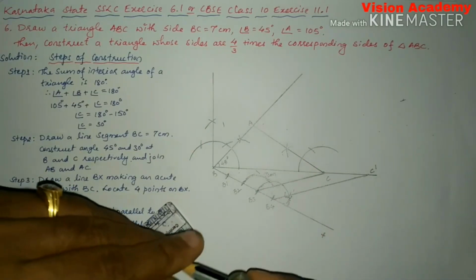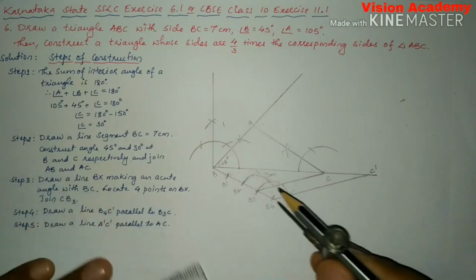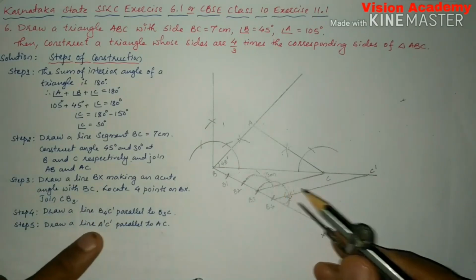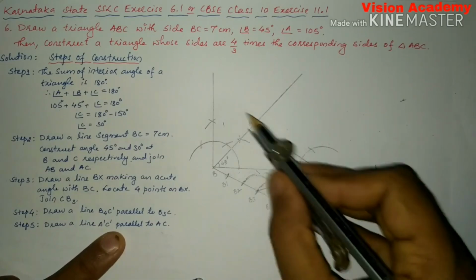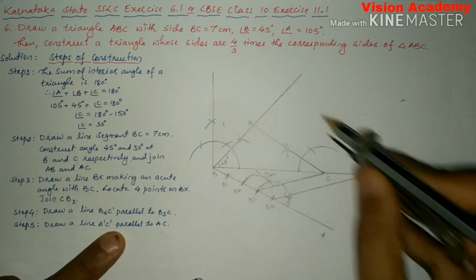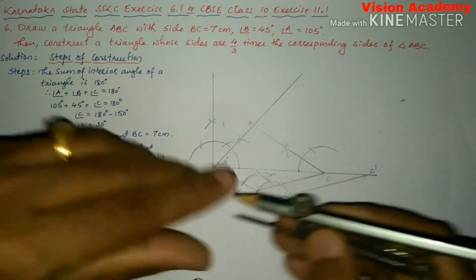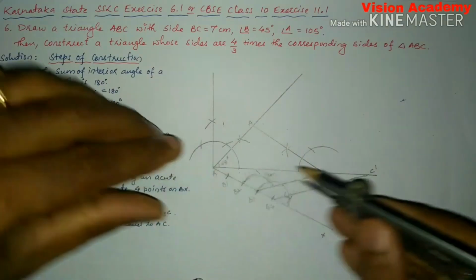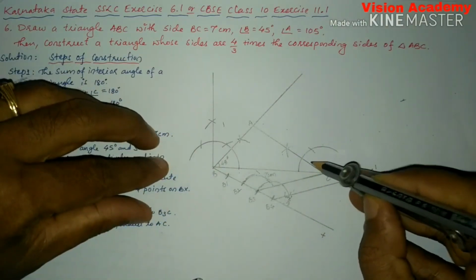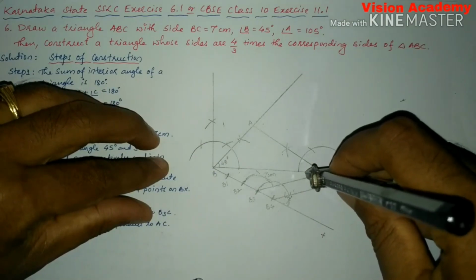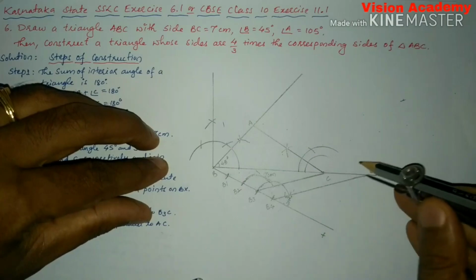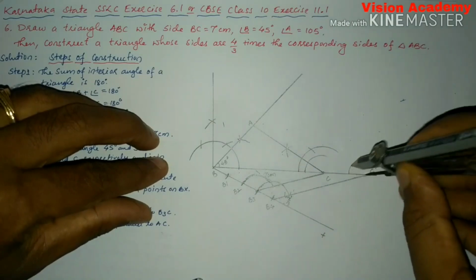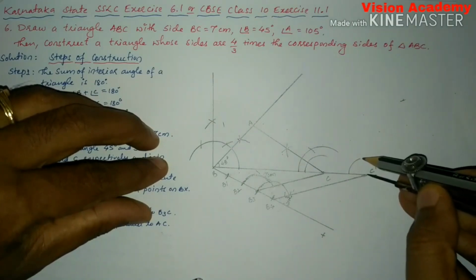Now in order to draw a line A dash C dash parallel to AC, I am going to draw an arc by keeping on this point and on this point.